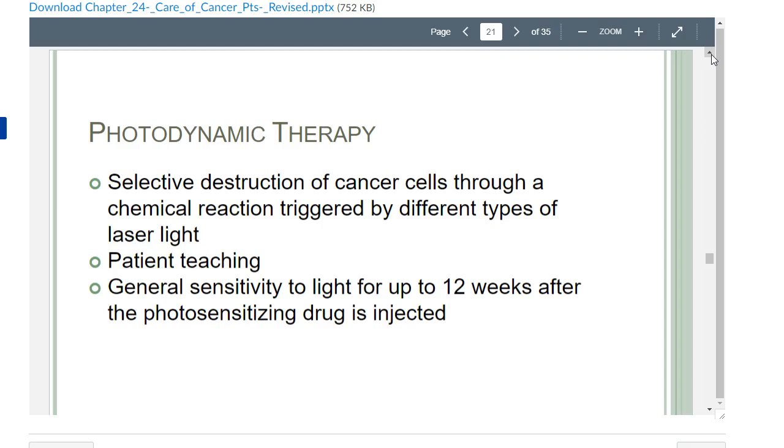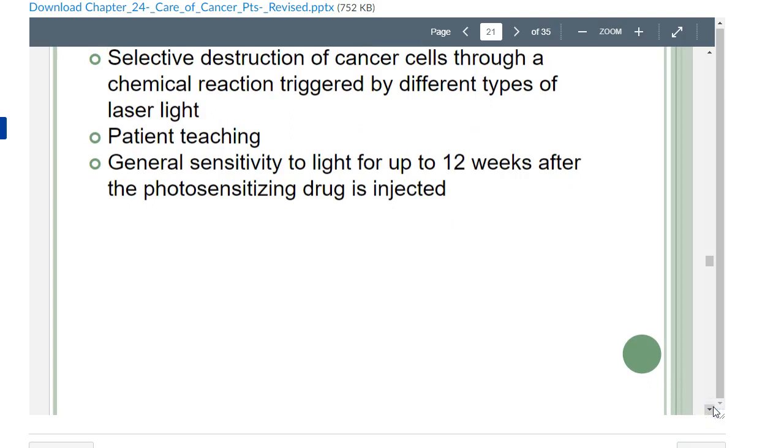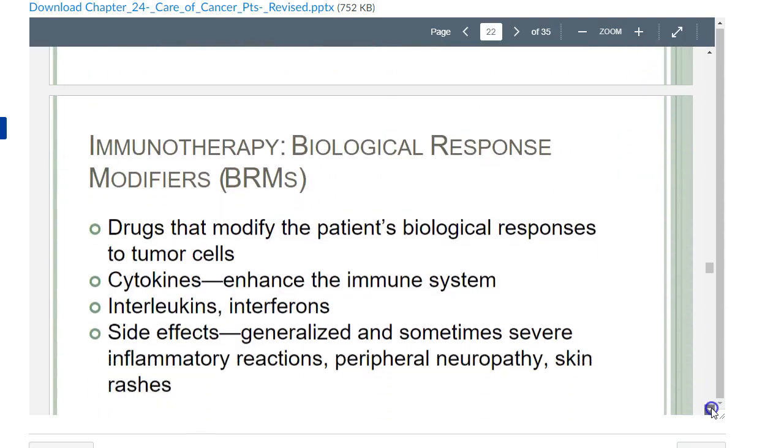So that's photodynamic therapy. You don't have to know the specifics about this. I don't think I even asked a question about this, but I'm just trying to give you a little bit of awareness on all the many different types of treatments for our patients who do have cancer.